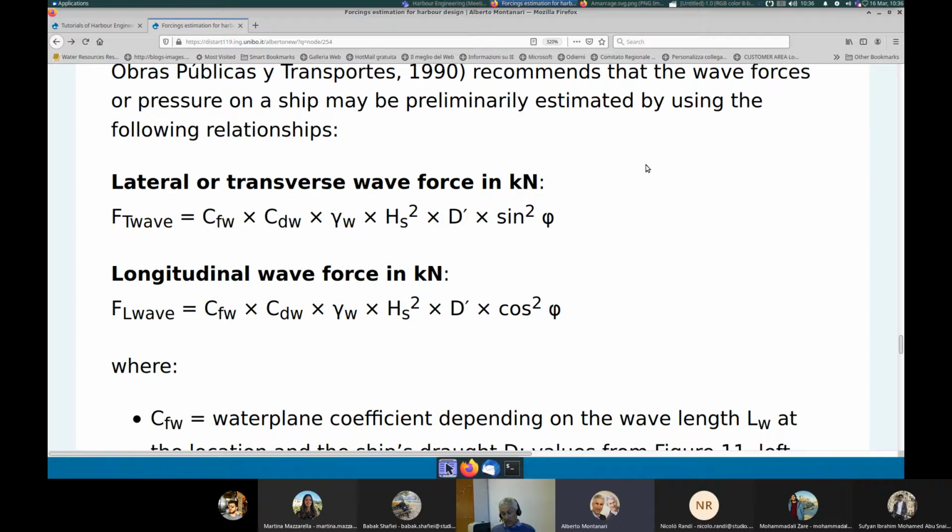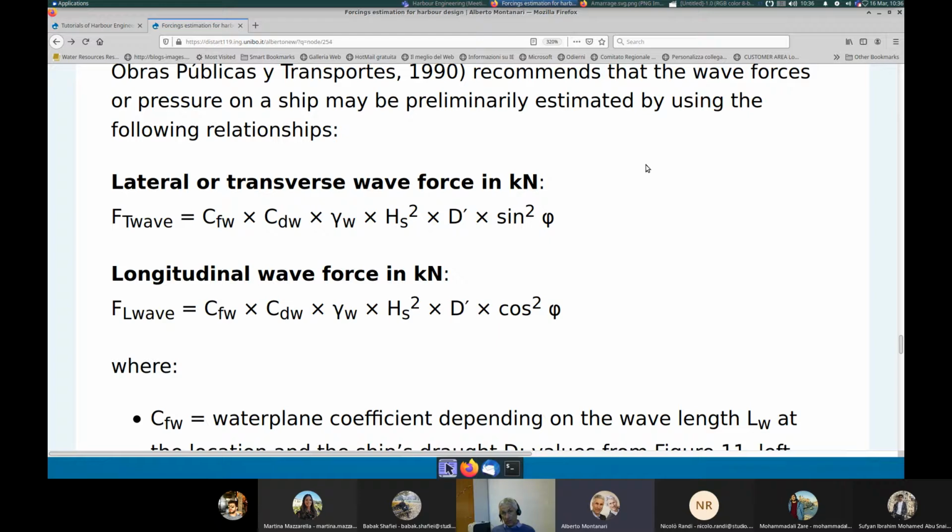The result is that you may have, due to this forcing, also a rotation, because as we know, the ship rotates around the pivot point. So if the point of application of the forcing is eccentric with respect to the pivot point, we get rotation of the ship.